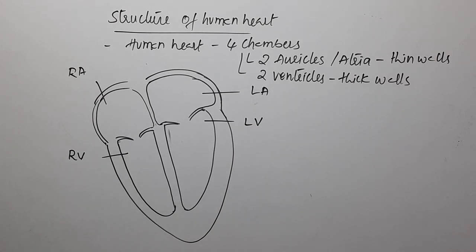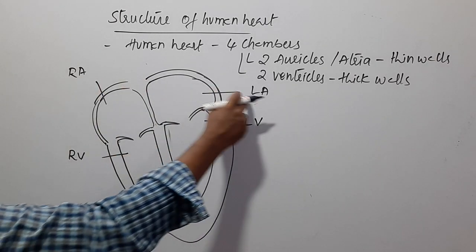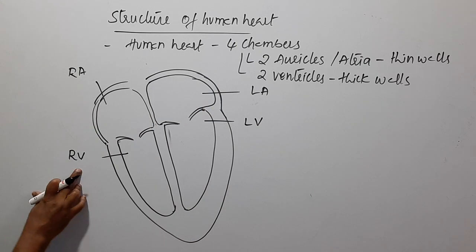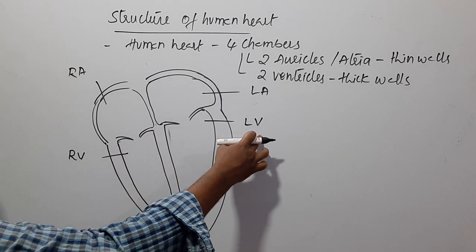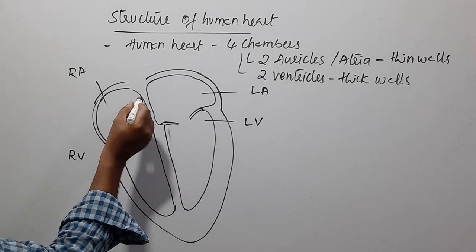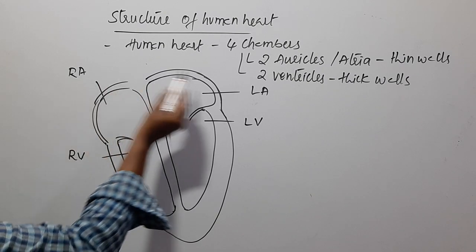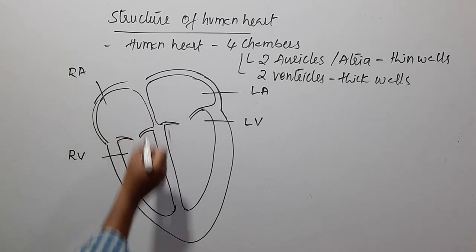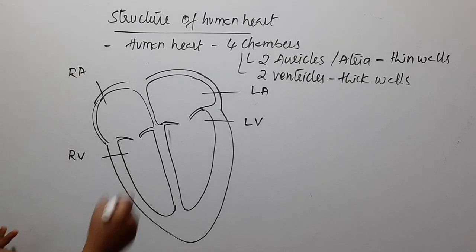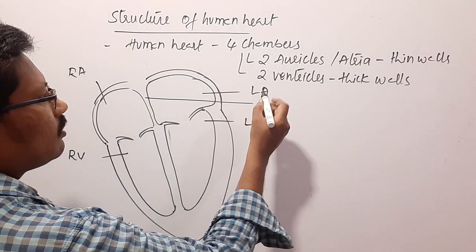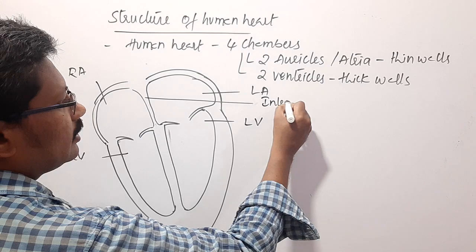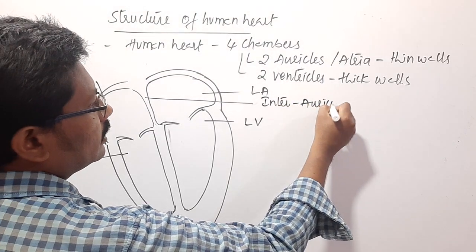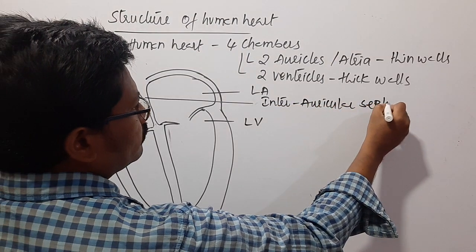So total four chambers: the right and left atria and the right and left ventricles. Separating the two auricles you have one septum, that is a wall, called the interauricular septum.